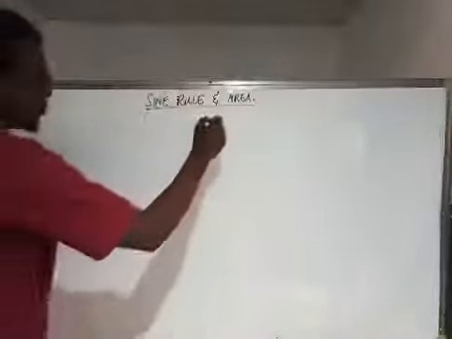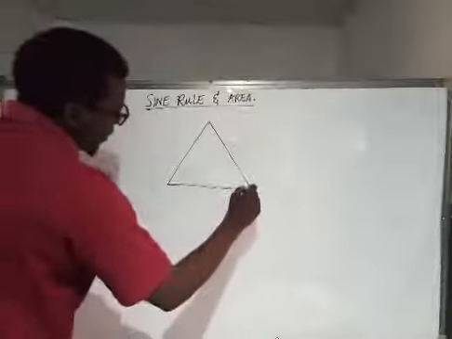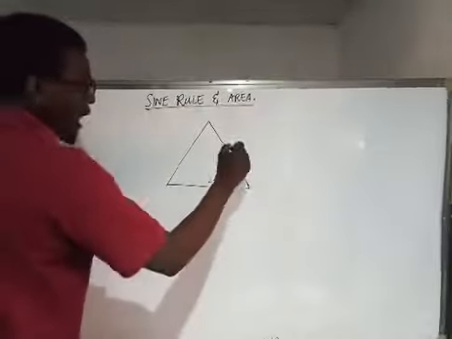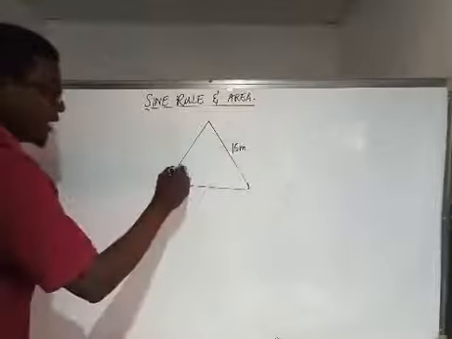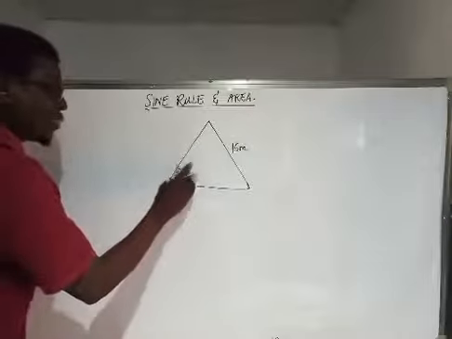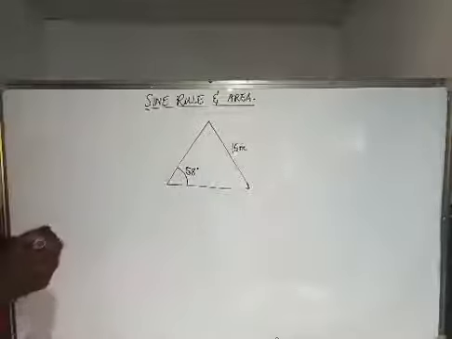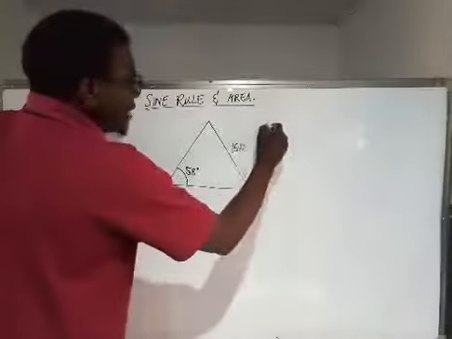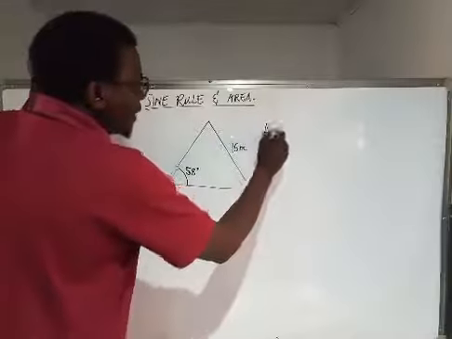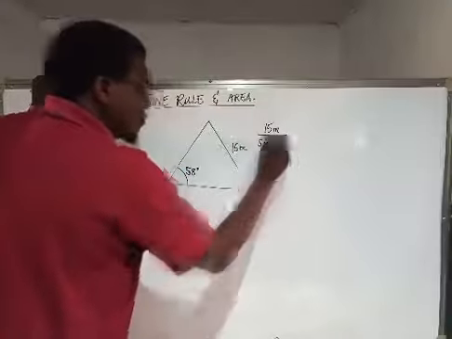What do I mean? What I mean is this. If this side is 15 meters, then we need to compare it with the sine of this particular angle. The length 15 should be compared with the sine of this particular angle.